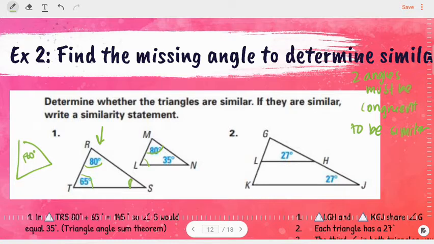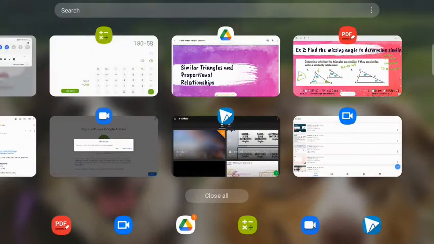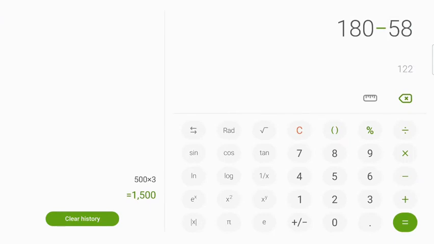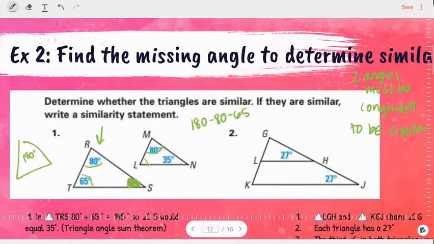Let's check. So I'm going to take 180 and we're going to start with this missing angle down here that I just filled in. So 180 minus 80 minus 65. And if I use my calculator, 180 minus 80 minus 65, I get a remainder of 35.